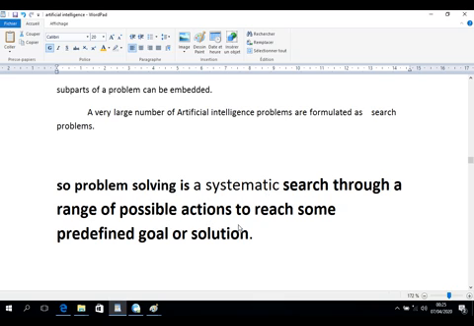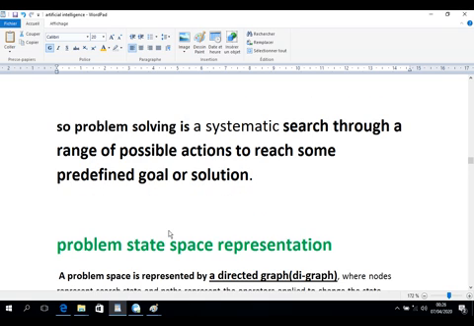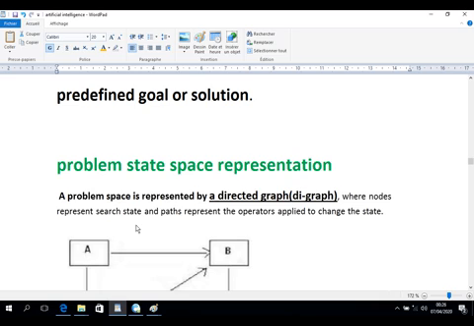So problem solving is a systematic search through a range of possible actions to reach some predefined goal or solution. That is what we can conclude. It is a search through a range of possible actions to reach some predefined goal or solution. Fine.